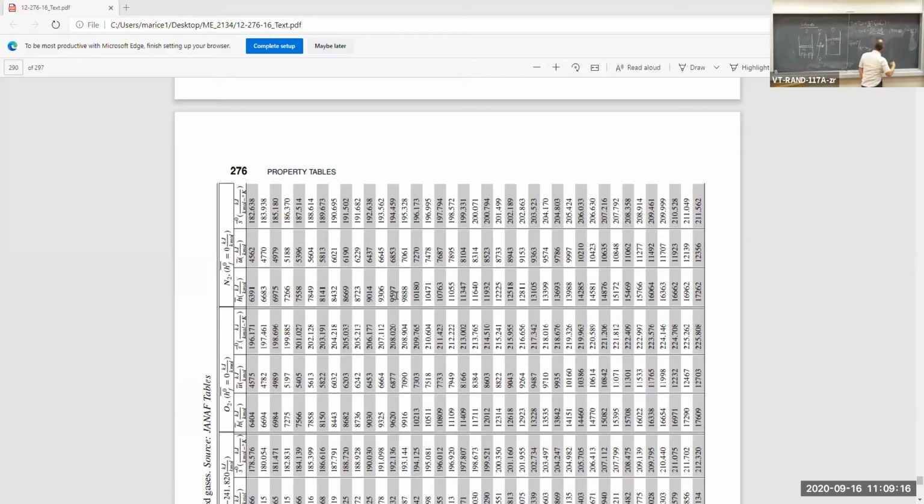Let's check the units: the kilojoule per kilomole cancels with the kilojoule per kilomole in the term in parentheses, and so we have units of Kelvin all the way through the equation.